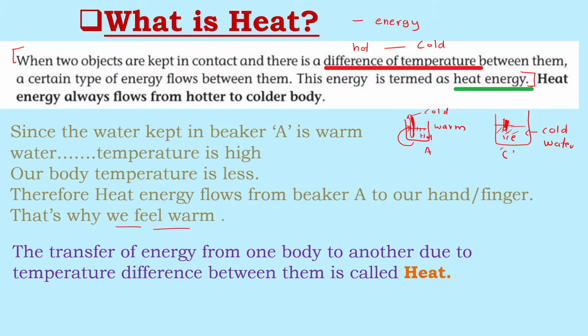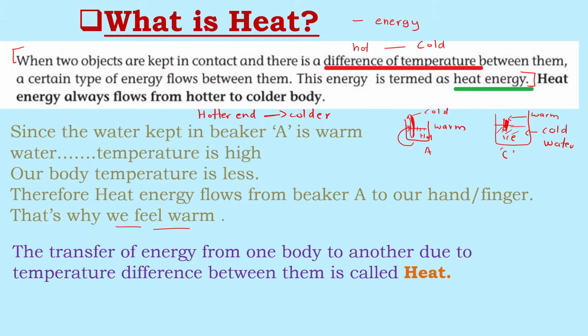This time compared to the ice, our finger is warm. Now what I have told you, from which region to which region will the heat energy flow? Always from the hotter end to the colder end. So heat energy always flows from hot to cold, not from cold to hot. Vice versa is not possible. Hotter region to colder region.